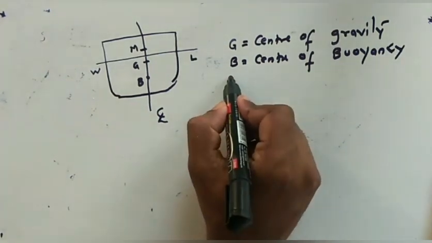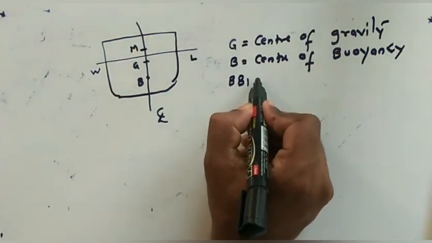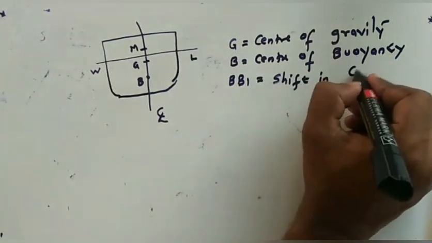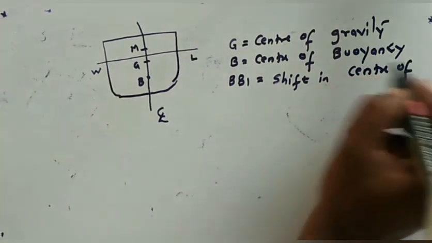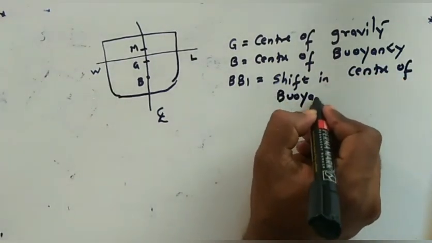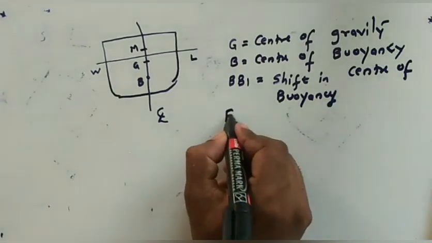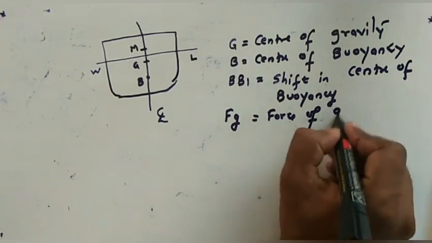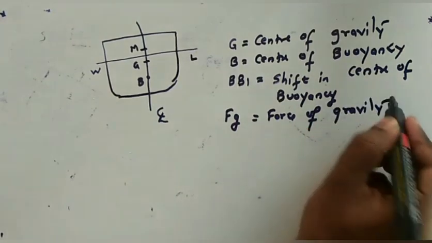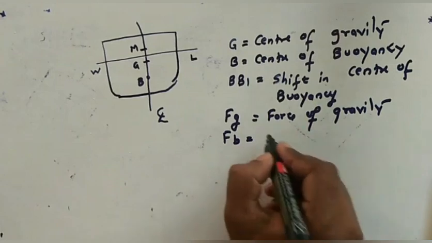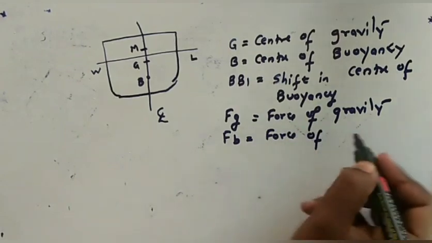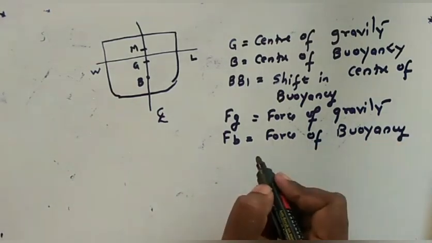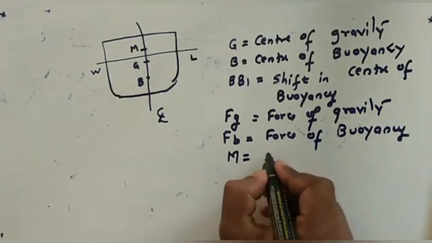B1 is the shift in the center of buoyancy. F of G, the force of gravity. F of B, the force of buoyancy. M, the metacenter.